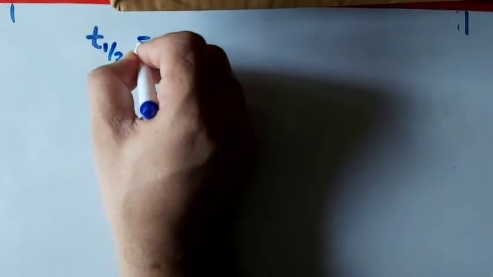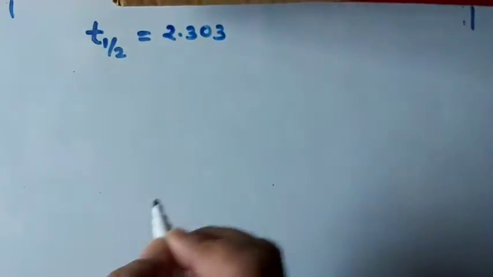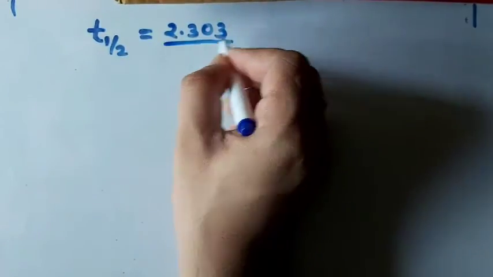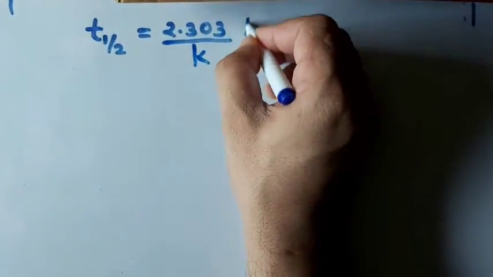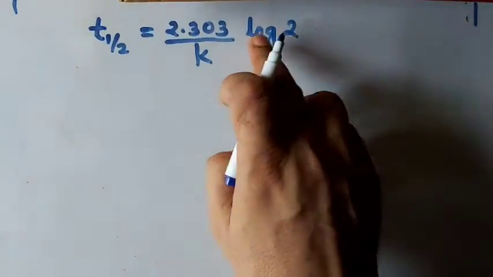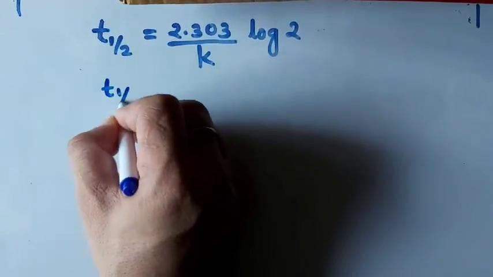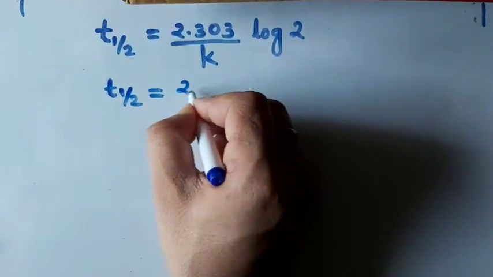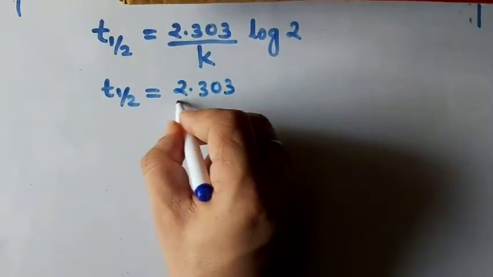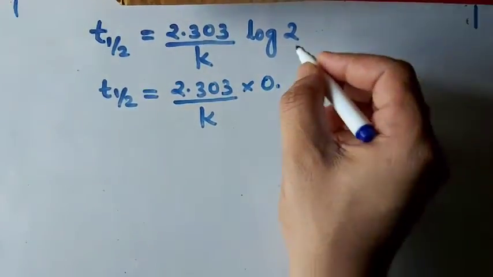T half equal to 2.303 upon K and log 2. The value of log 2 will be placed over here. In that case, 2.303 by K will be multiplied by 0.3010, the value of log 2.